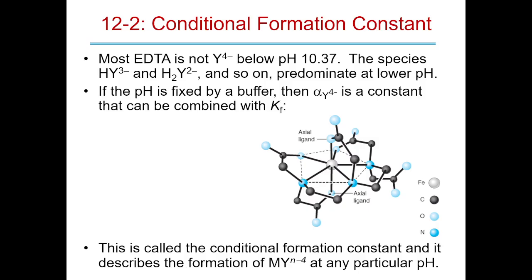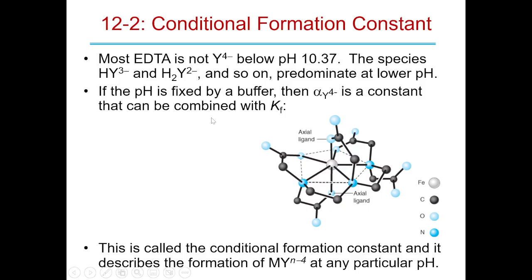So most EDTA is not Y4 minus below pH 10.37, excuse me. At pH 10.37, half of the EDTA would be the Y4 minus form. Anything below that, the majority of it will be in the other forms. So the species HY3 minus and H2Y2 minus and lower would predominate at those lower pHs, right?